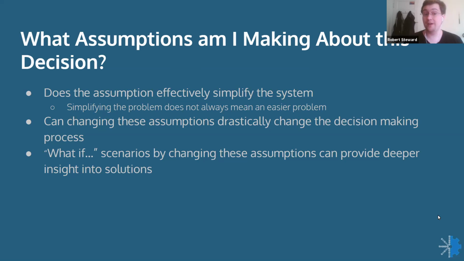Another question worth asking while making assumptions is, if I change my assumption, how might that change the decision-making process? And that's certainly an important aspect as well. One thing that we've been doing with the Break the Ice Challenge team, one of the assumptions that we've been debating is the state of the water that we will have.